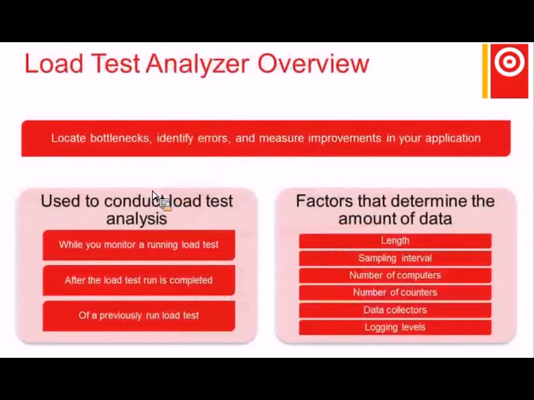So, the basic load test analyzer overview allows you to identify what errors you're running into. You can locate your bottlenecks. You can see how systems have improved. You can use it to analyze how your load test is progressing whilst you're monitoring it.